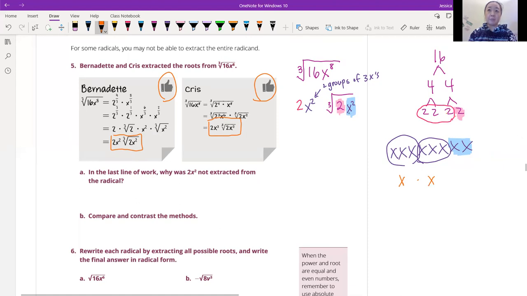So notice that this x squared and this x squared seem to be the exact same. You're like, so it's the same thing, so you only have 4 x's. That doesn't make any sense, right? And you've got to remember that this x squared means 2 groups of 3 x's, right? We have the 2 groups of 3 x's, and this right here is just 2 x's.